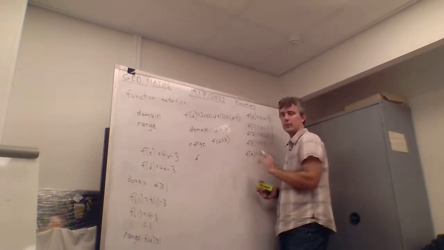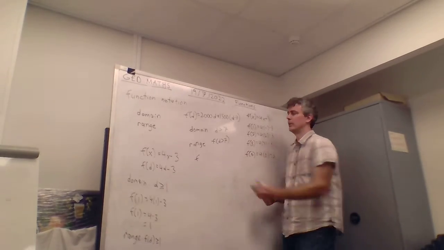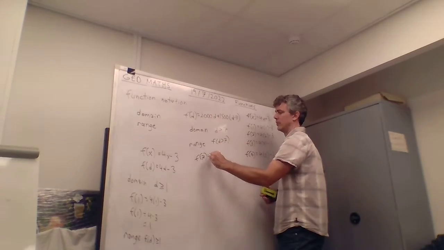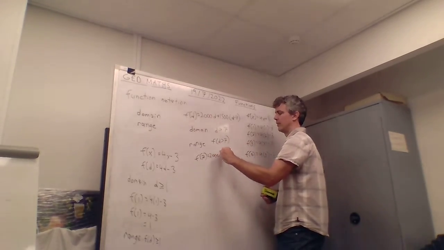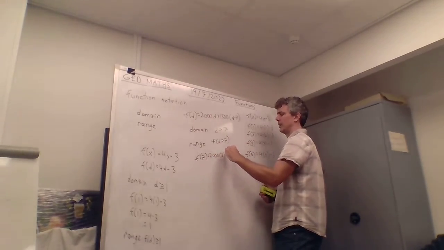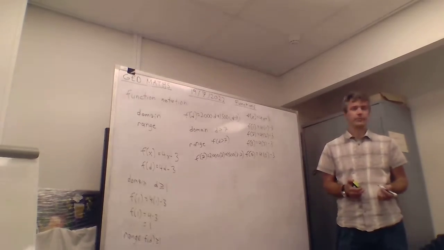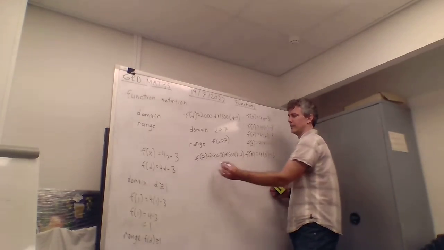And the range will be whatever that plus and greater. Alright, so what is f of 7? 2000 times 7 plus 1500 times 7 minus 7. Okay, so this one's nice and easy.